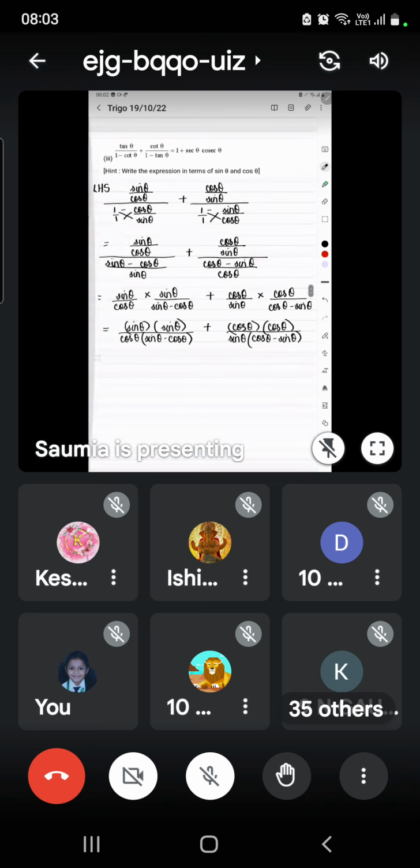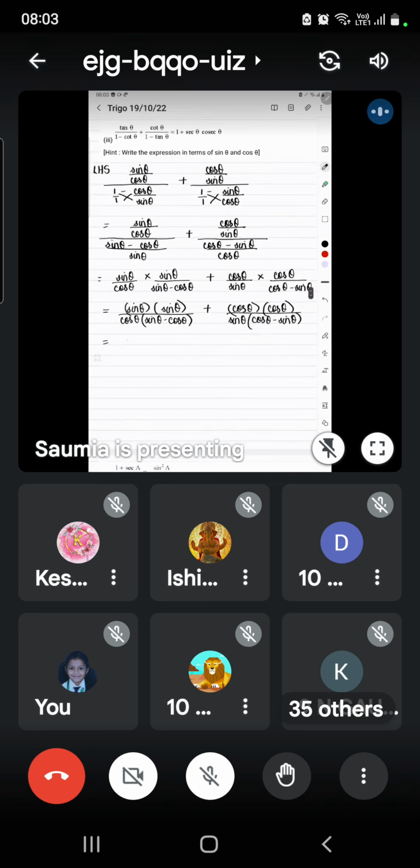Okay. Now multiply. This will be sine square theta upon cos theta into sine theta minus cos theta plus cos square theta upon sine theta into cos theta minus sine theta.